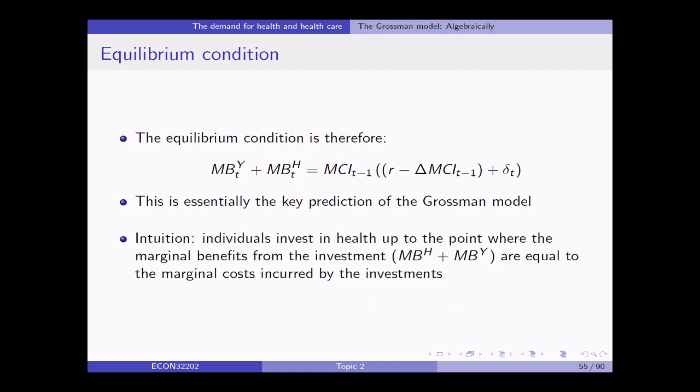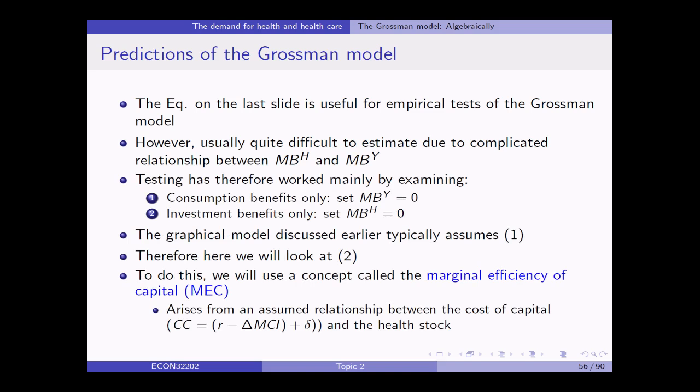So the equation marginal benefit equals marginal cost is useful because it allows us to test this. So this is what the theory says, but in the real world we can observe what people do, how much they invest in their health, how much they consume health, etc. So we can empirically test whether that actually is the case, or whether the model is misspecifying or mispredicting what people do.